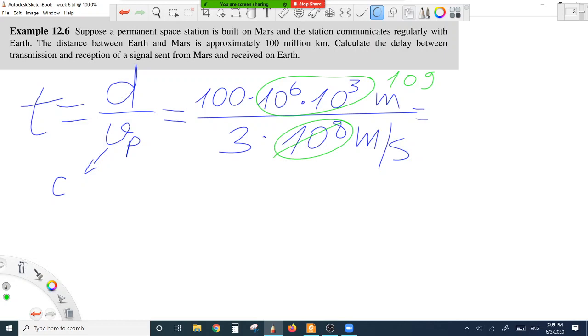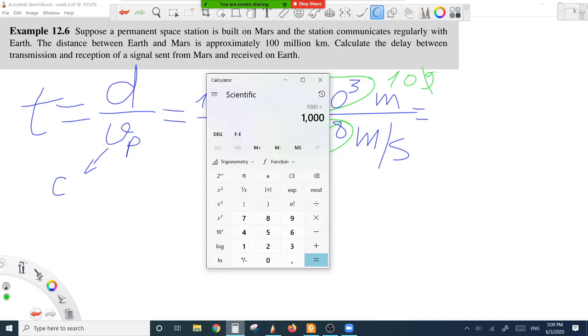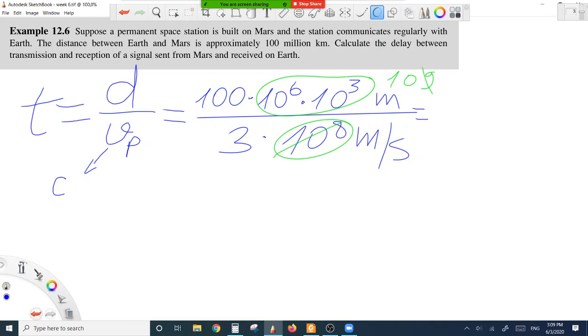If we simplify, only 10 remains. 1000 divided by 3 is 333 seconds. As you can see, this is a delay of over 5.5 minutes.